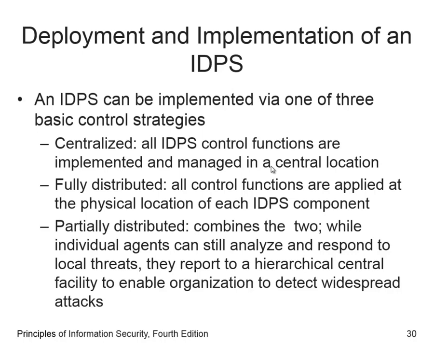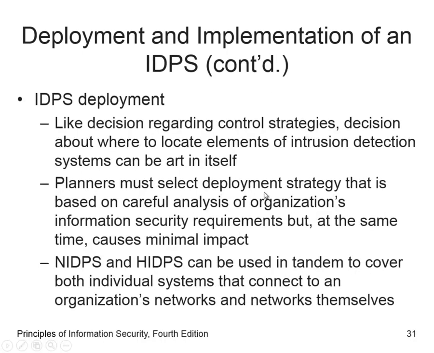A control strategy determines how an organization exerts influence and maintains the configuration of an IDS. Like the decision regarding control strategies, the decision about where to locate the elements of the intrusion detection systems can be an art by itself.